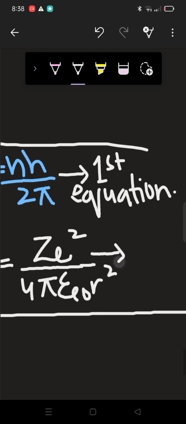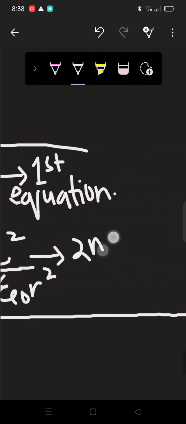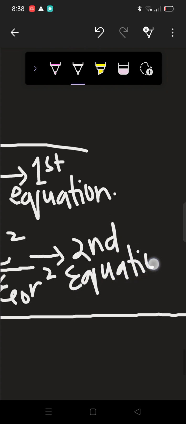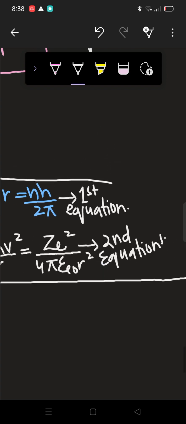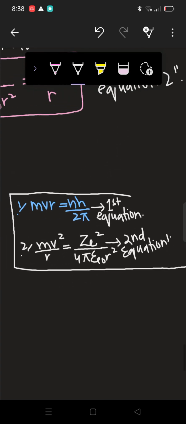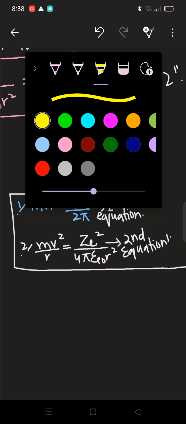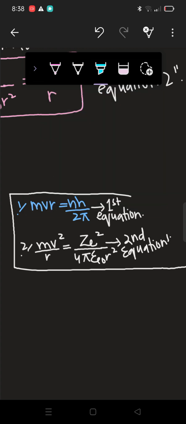That was the second equation which he discussed in his fourth postulate, where electrostatic force provides us the centripetal force.